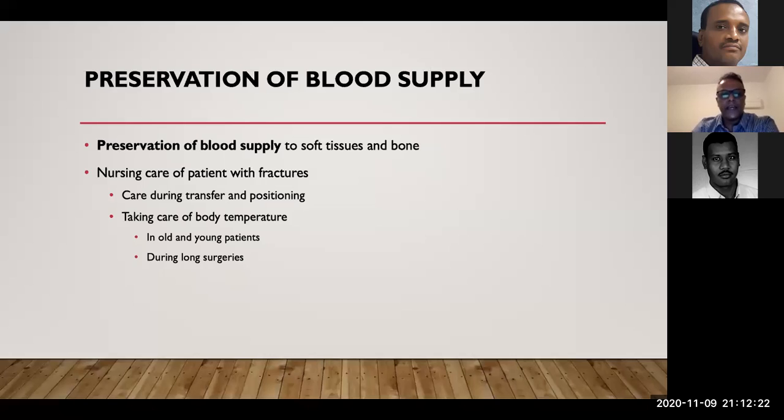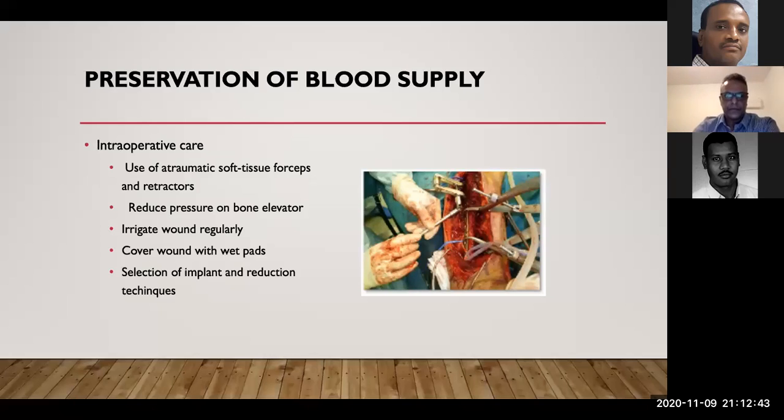Also, you have to take care of the injured patient himself, especially elderly and young patients, where hypothermia can be a big problem. During long surgery, you have to use things like Bair Huggers to warm your patient. Intraoperatively, try to use atraumatic soft tissue forceps and retractors.